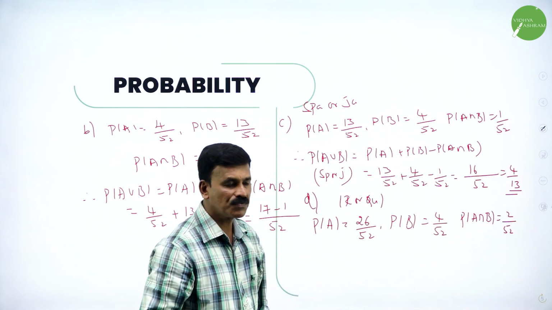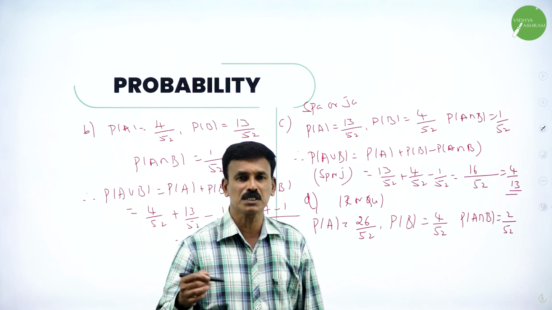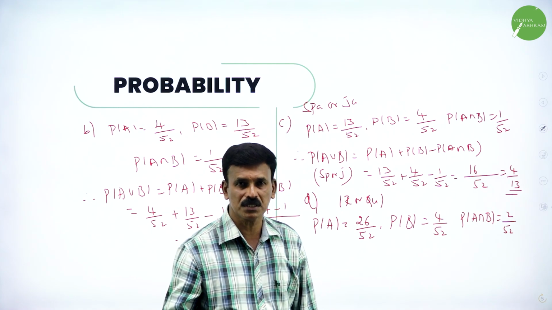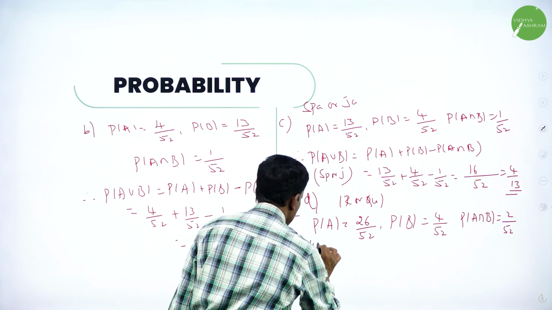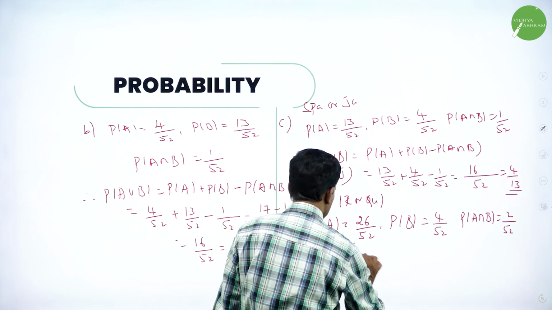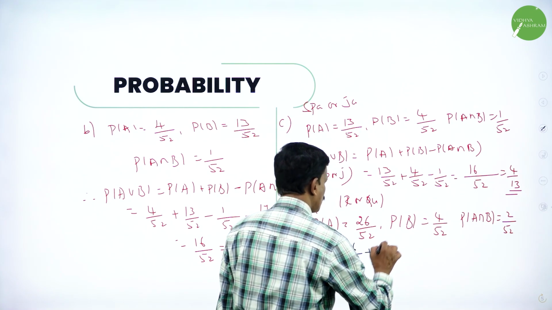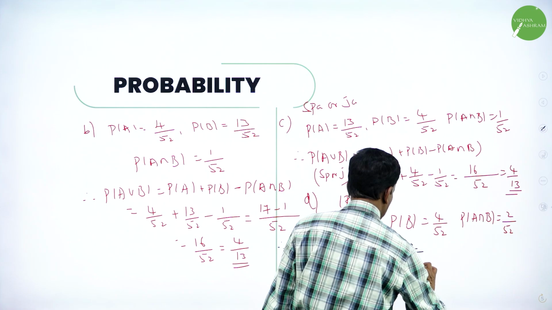Okay, now the same: probability of A union B is equal to P of A plus P of B minus P of A intersection B. Therefore P of A union B is equal to 26 by 52 plus 4 by 52 minus 2 divided by 52.